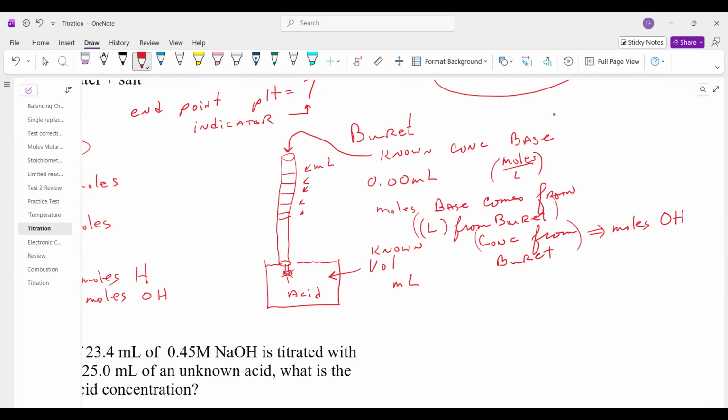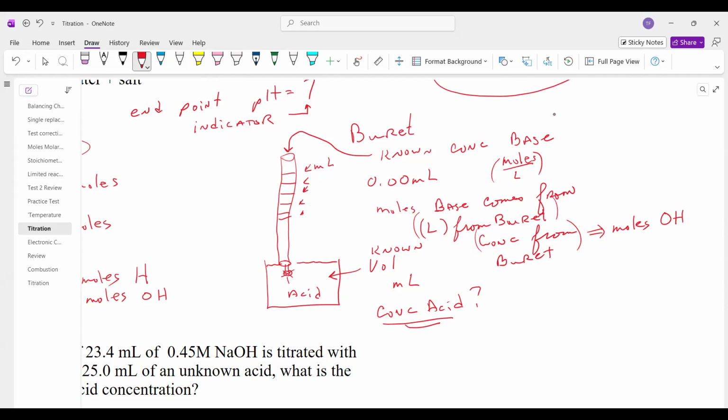So we know the volume of the acid we put in there. We'll put in like 20 milliliters or 25, something like a known volume. But what we don't know is the concentration of the acid. So the goal in this is to find an unknown acid concentration.